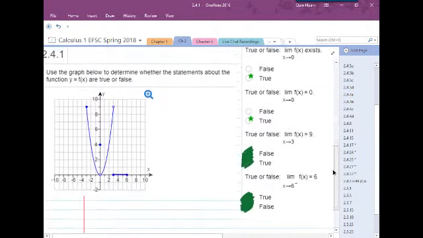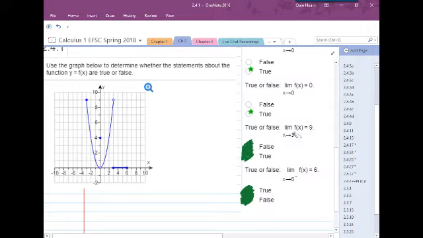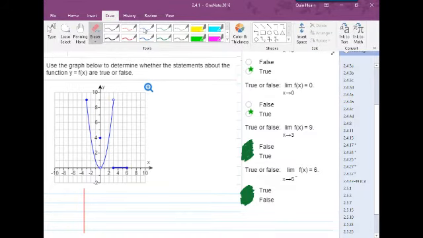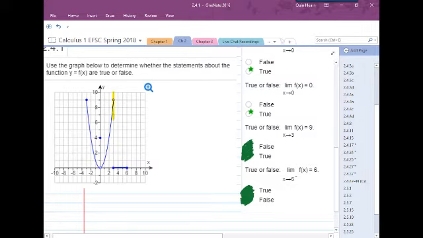Okay, so next we're going to look at true or false, the limit as x approaches 3 of f of x equals 9. Okay, so in order to find the limit as x approaches 3, we're going to look at the graph here and see if anything odd is happening at the x value 3. And we see there is, in fact, a break in the graph at the x value 3.